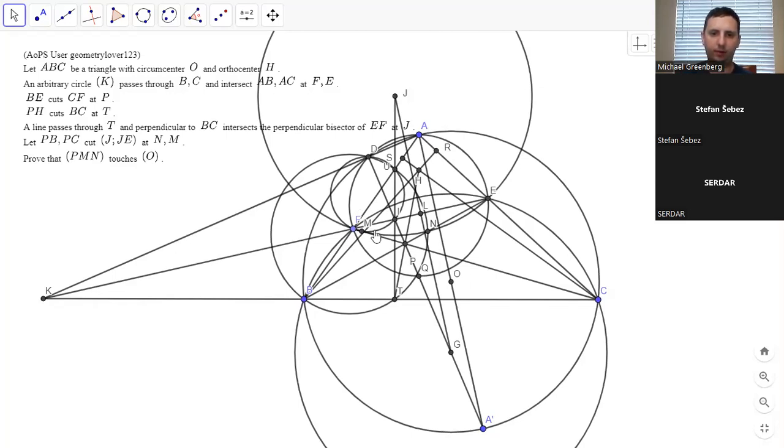I wonder if the spiral similarity takes M to something interesting. So it'd be like a point right here.